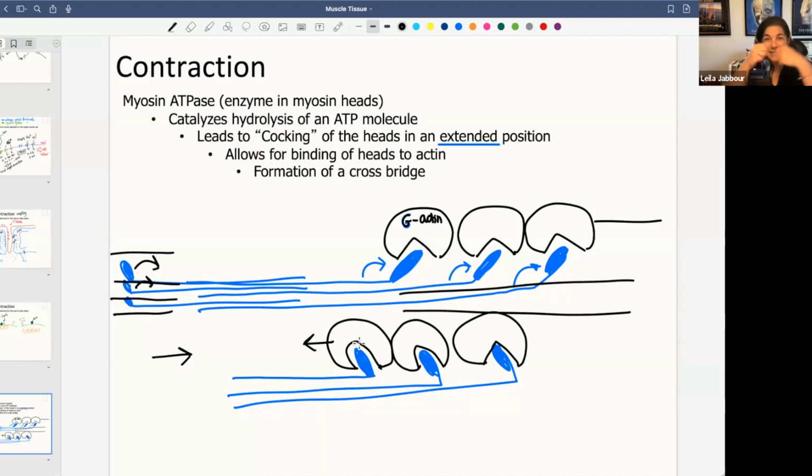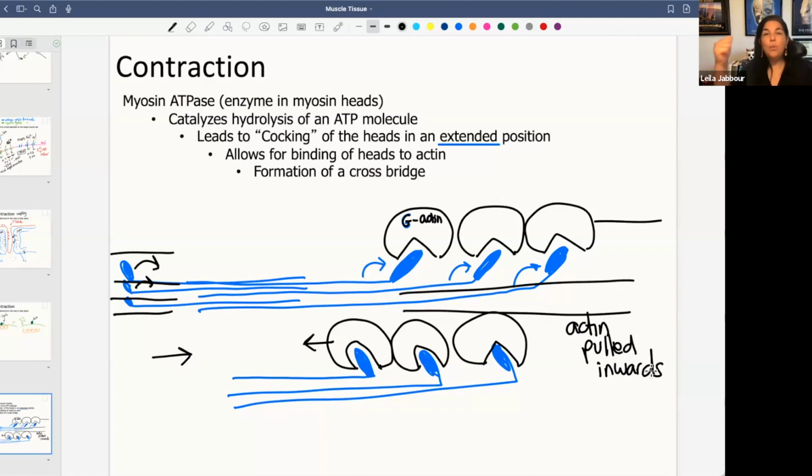We have the heads flexing at both ends, and what these heads are doing is that they are pulling on the actin filaments. They're being pulled inwards. So within each sarcomere, you have these filaments that are being pulled inwards, over and over.